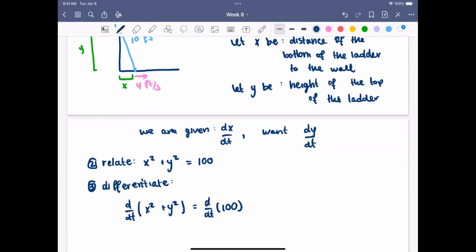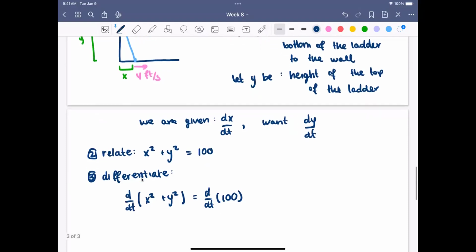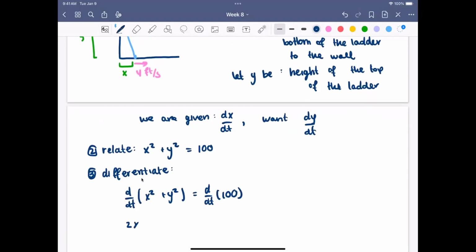Yeah, 2x times dx/dt plus 2y dy/dt. Okay, good. So that was just power rule followed by chain rule for each of these. And then what about the right side of the equation? Yeah, that's just going to be 0 because we're taking the derivative of a constant.